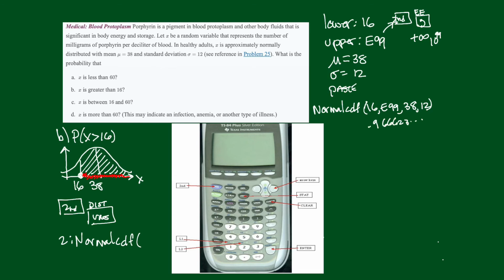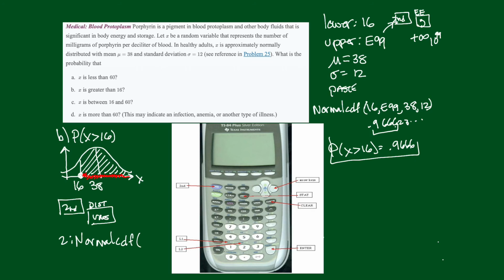And then you get 0.96663... If I round to 4 decimal places, that's a 2, so I'm just going to cut it off here. So the probability now that x is greater than 16 is 0.9666.